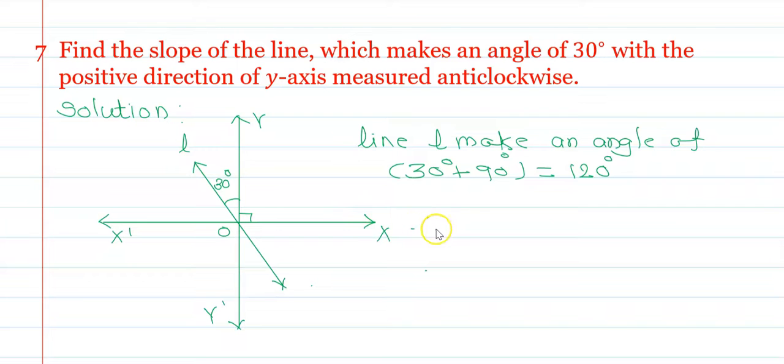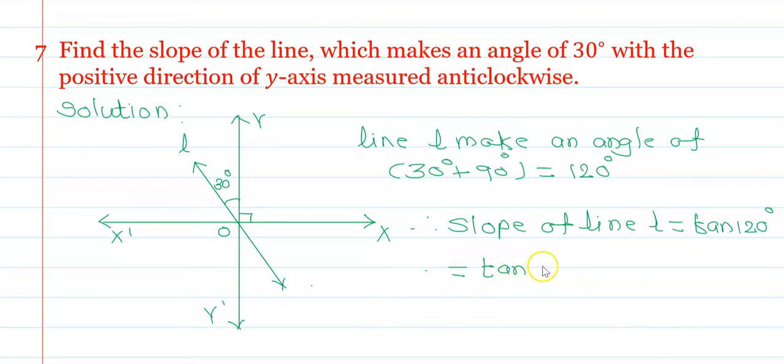Therefore the slope of line L equals tan 120, which can be written as tan of (90 plus 30) degrees, and that equals minus cot 30 degrees.